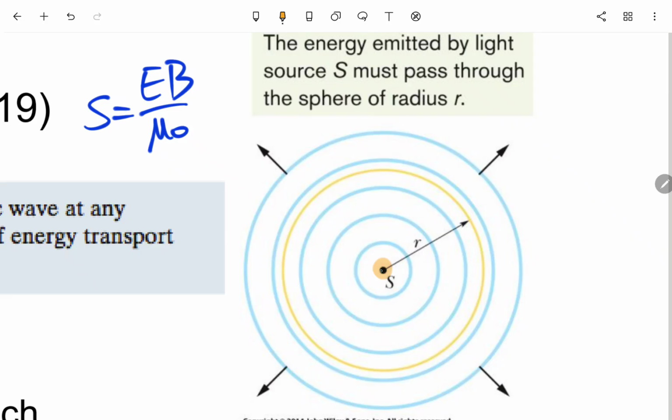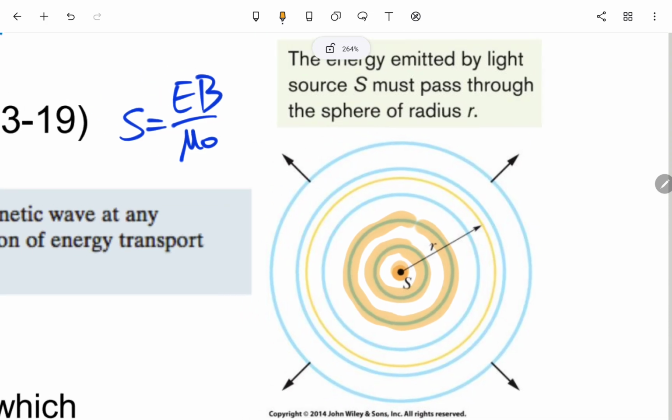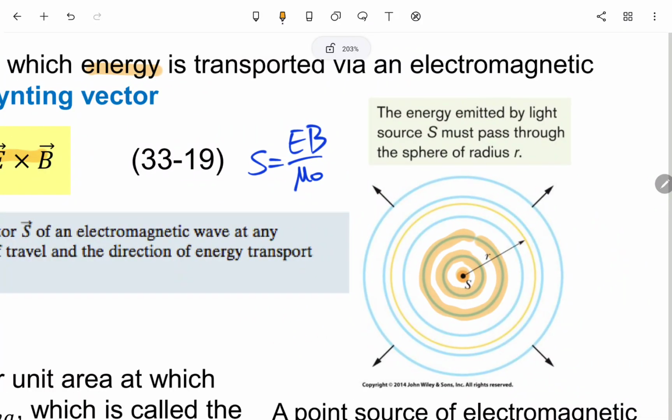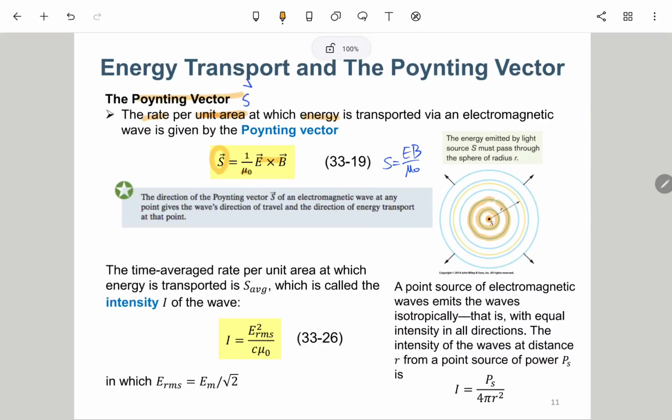At the very beginning it's generated by the source, and the next moment will be the first wave front, and sometime later the second wave front, so on and so forth, propagating in different directions.